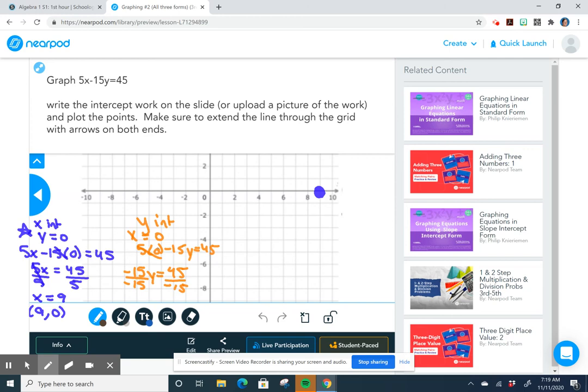And then once you divide by negative 15, you want to simplify that more, and then your y value is going to be negative 3. Now be careful, your x value is 0, because that's what we gave you, and your y value is negative 3. So your point should fall on the y-axis, and then do your best to extend the line all the way through the 2 points with the arrows on the end.